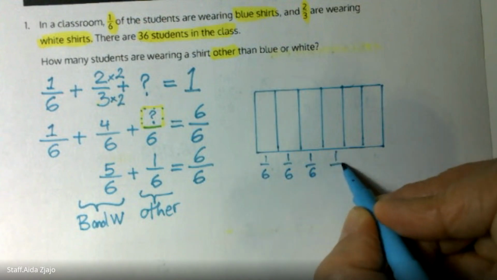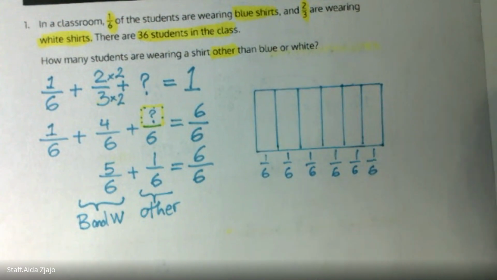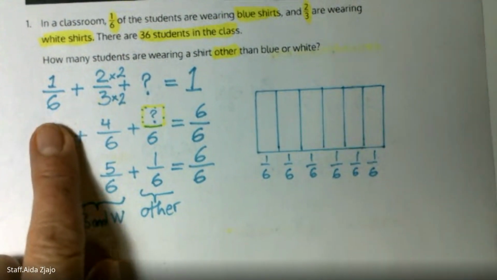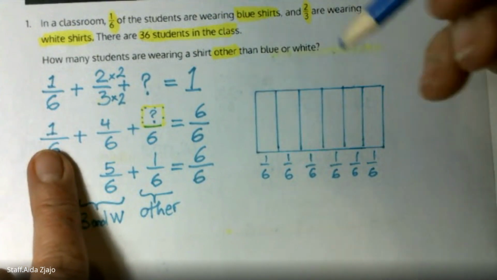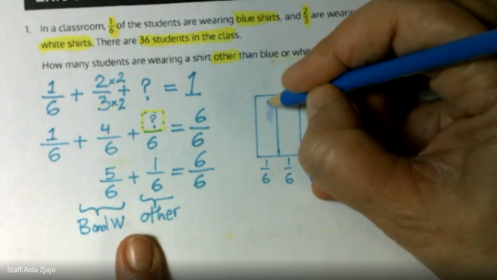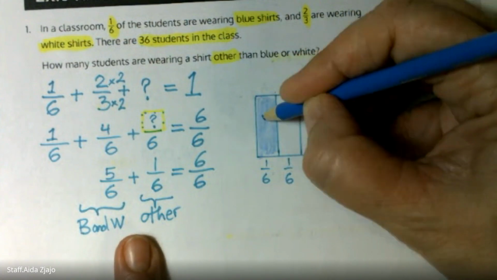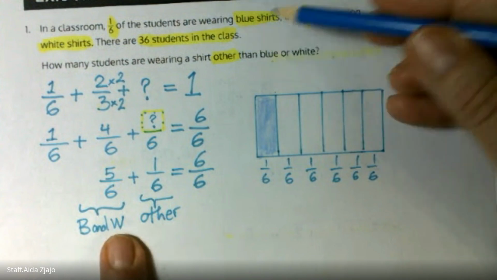Okay, and then I can color. I can say, oh, 1/6 is blue. So if this is blue, 1/6 is blue. Okay. 2/3 are white.